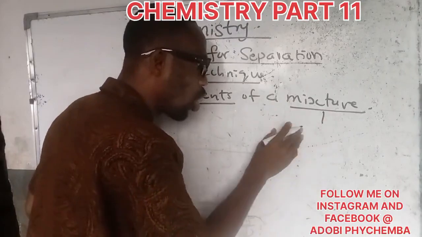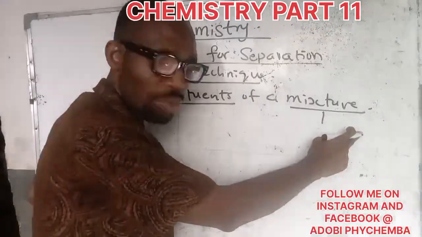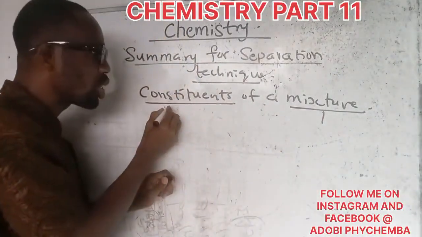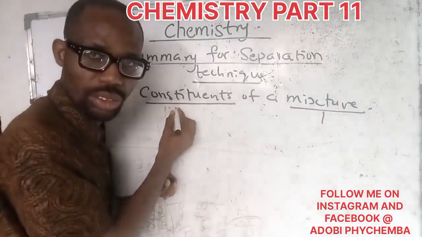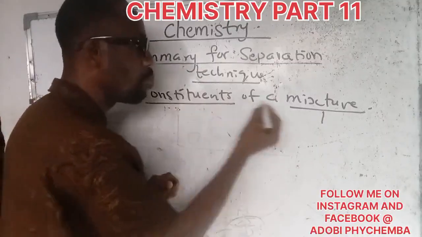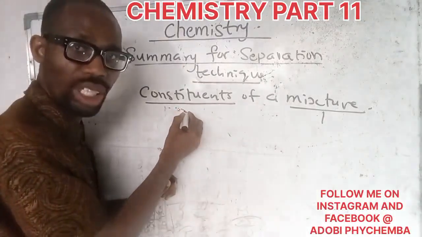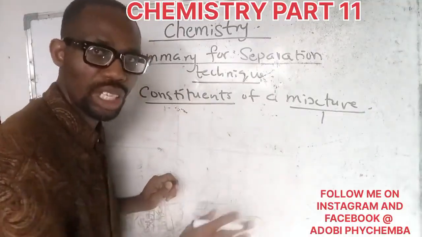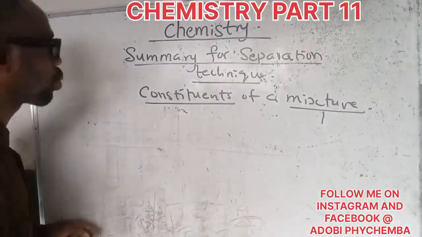In a mixture, the constituents are combined in any ratio by mass. The sum of the individual constituents makes up the mixture, and these individual constituents still retain their physical property. Is that clear? So let's dive in quickly.